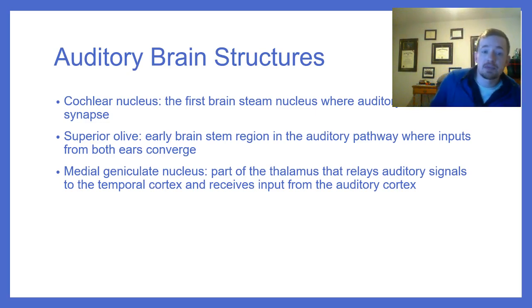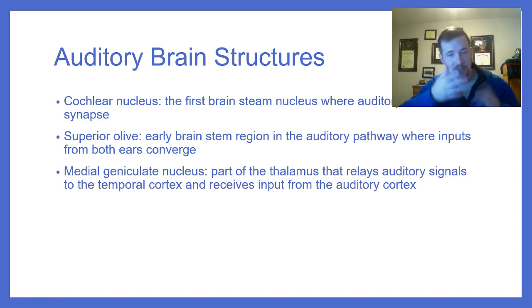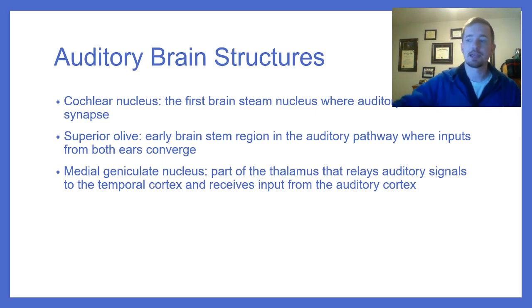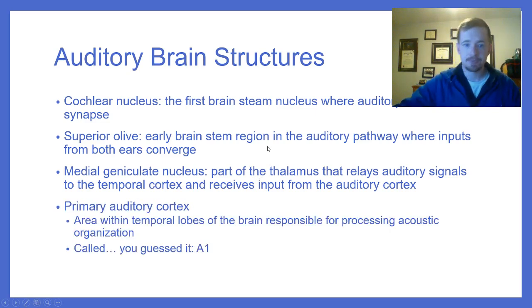The next place is the MGN, or the medial geniculate nucleus. As you might expect, it is pretty much the equivalent of the lateral geniculate nucleus. This is part of the thalamus, that sensory gateway, that feeds directly into our primary auditory cortex.